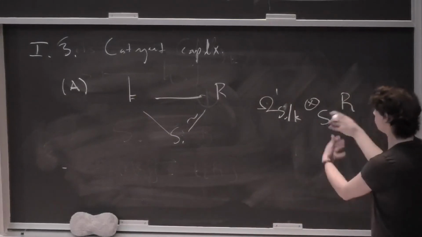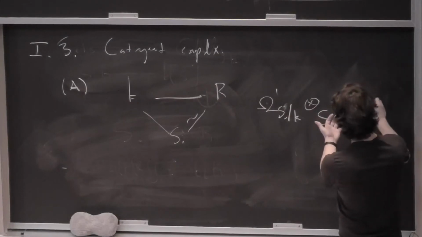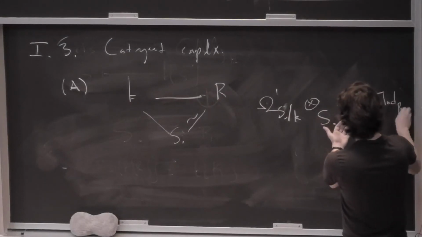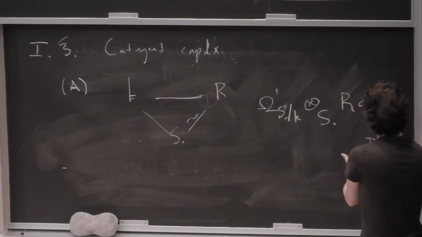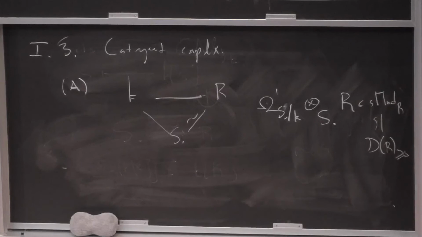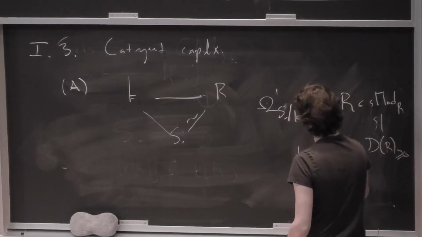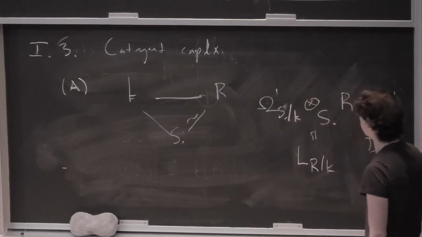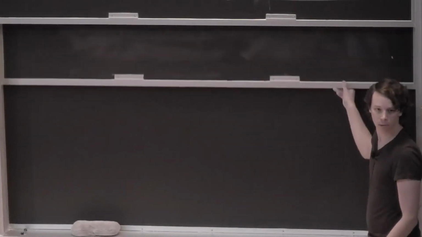This is now a simplicial R module. Okay, so this is in simplicial mod R. And I can then use Dold-Kan to view this as a connective object in the derived category of R. And this object is, by definition, the cotangent complex of R over K. Okay, so that's just a definition.